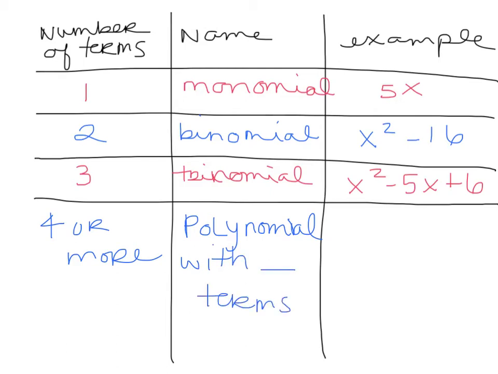Depending on what the example is, however many terms we have, you fill in that blank. So for instance, if I were to give you x to the fourth plus 3x squared minus 6x plus 7, there's the x to the fourth, the 3x squared, the minus 6x, and the 7. So we would call this a polynomial with 4 terms.